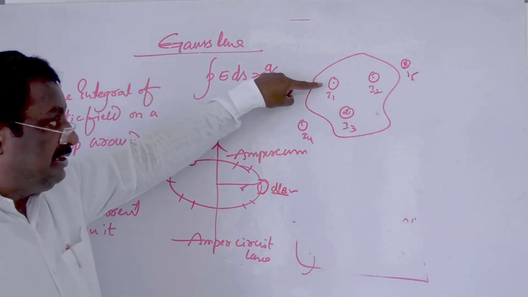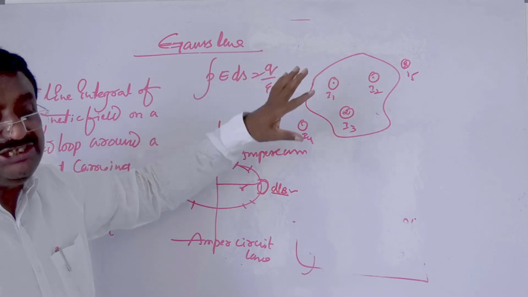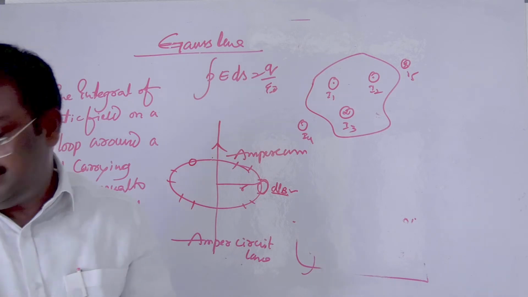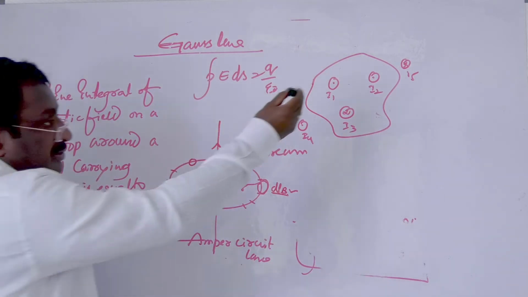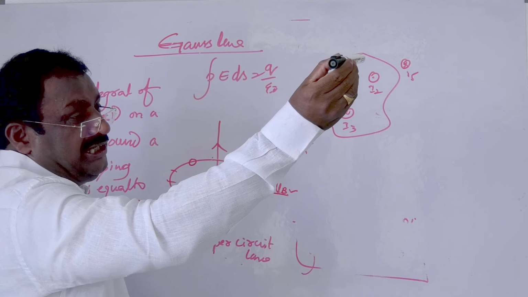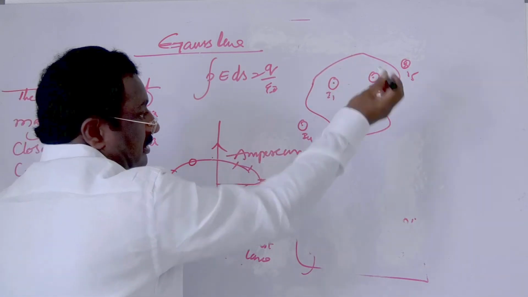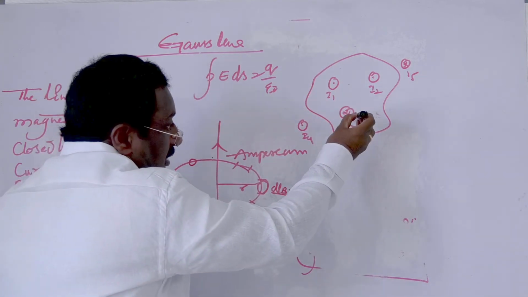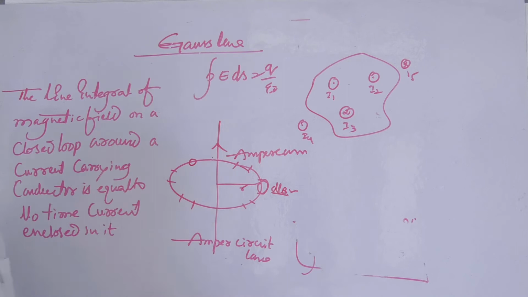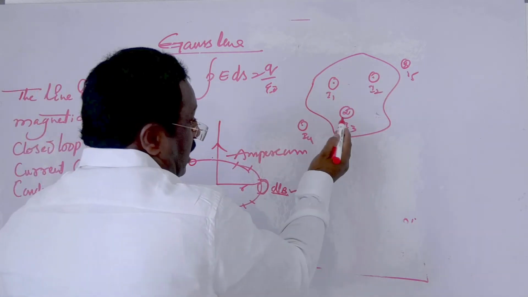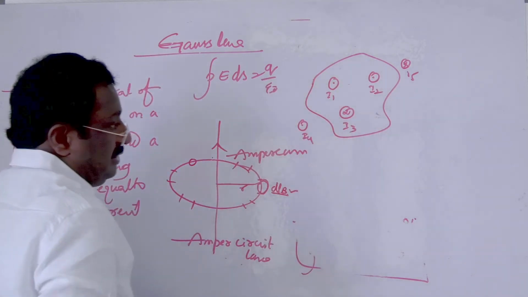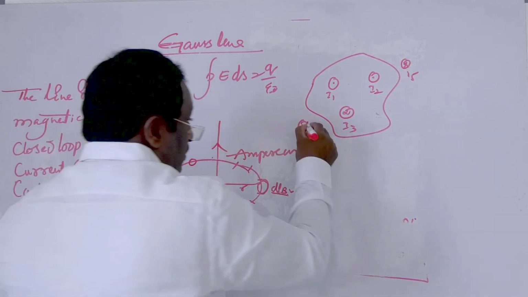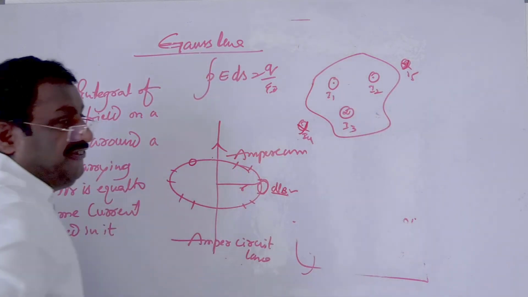A dot indicates the direction of flow of current: if the current is perpendicular to the board and towards us, it is shown by a dot symbol. If the current is perpendicular into the board, it is shown by a cross symbol. Here I1 and I2 are flowing in the same direction, and I3 is flowing in the opposite direction. Here I4 and I5 are outside of the closed loop, so these two do not affect the magnetic field.